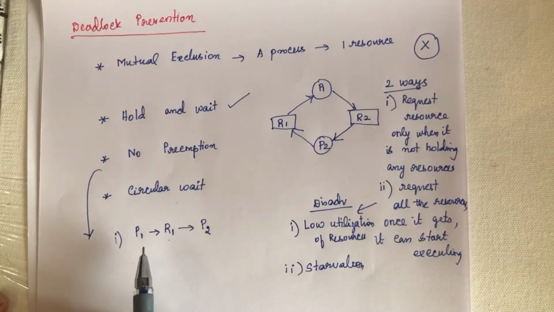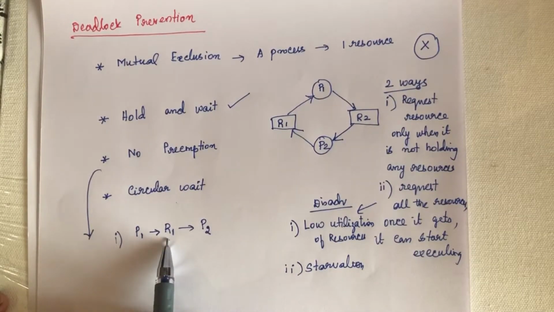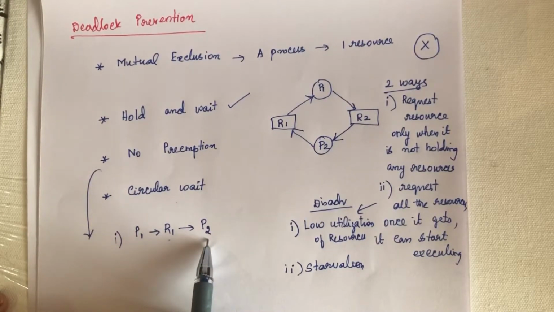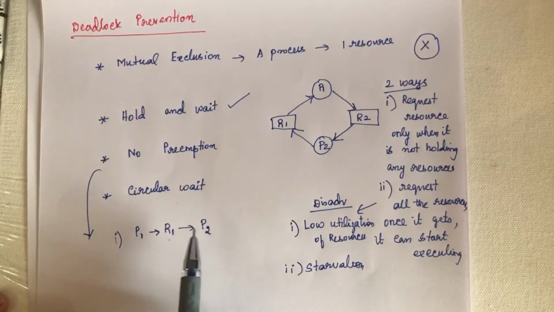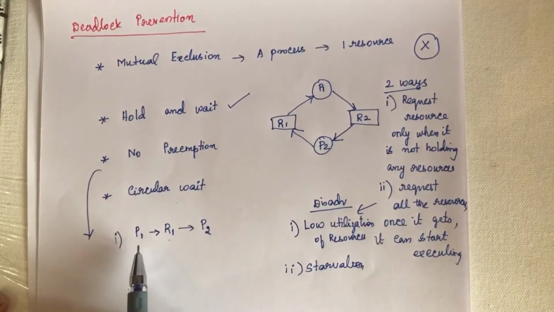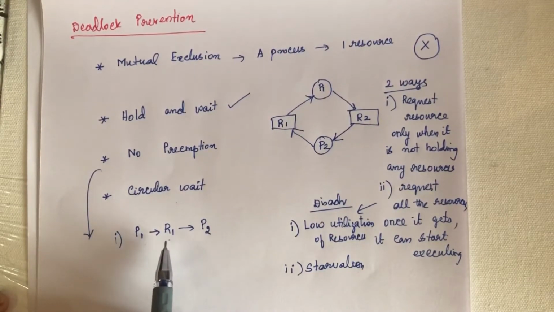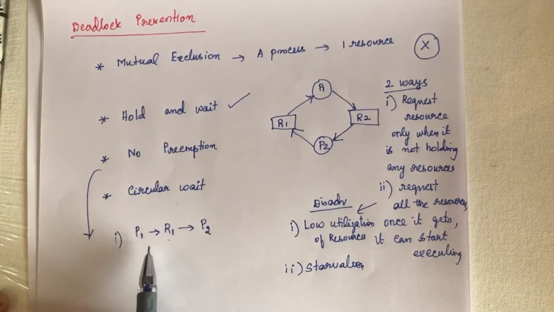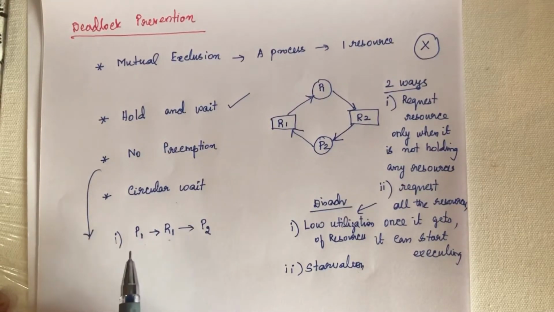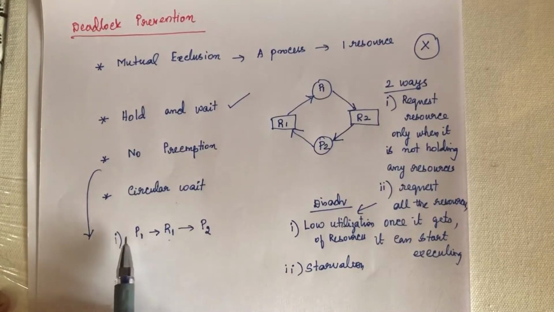The first method: a process P1 is requesting the resource R1, but resource R1 is allocated to P2. That means R1 is already allocated to P2, but P1 is requesting R1. In this case, the operating system will implicitly release all the resources that process 1 is holding.